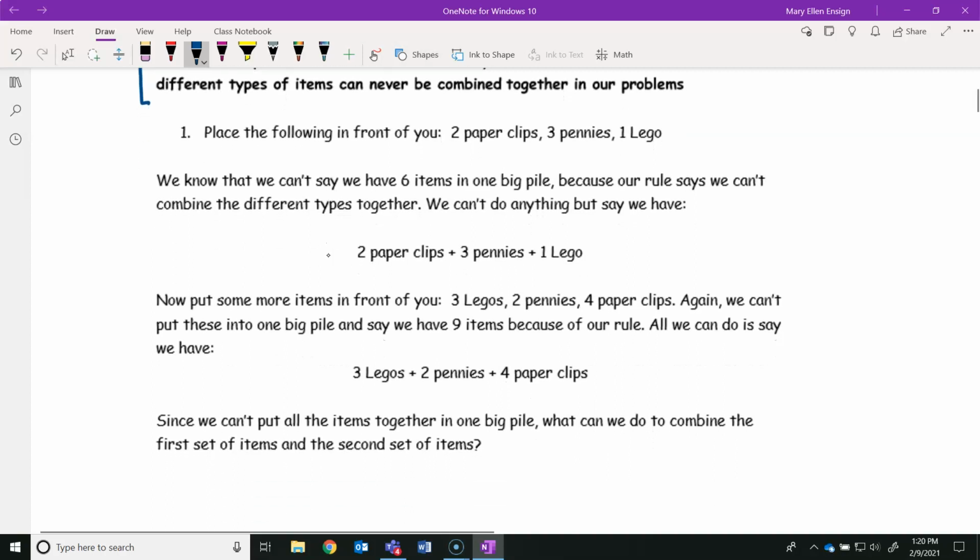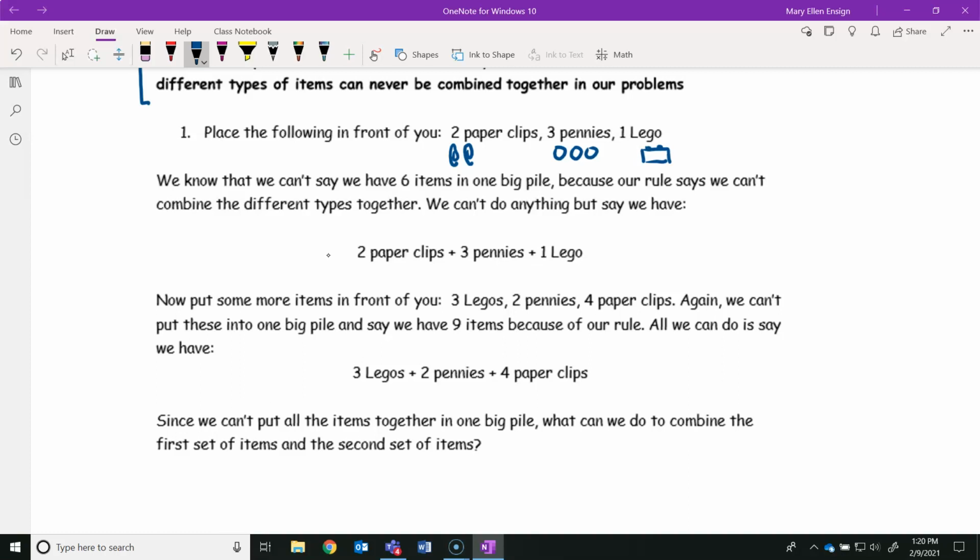We're going to have 2 paper clips, 3 pennies, and 1 Lego. I am just going to draw here my 2 paper clips, my 3 pennies, and my 1 little Lego block. We know that we can't say we have 6 things, because different types of items can never be combined together.